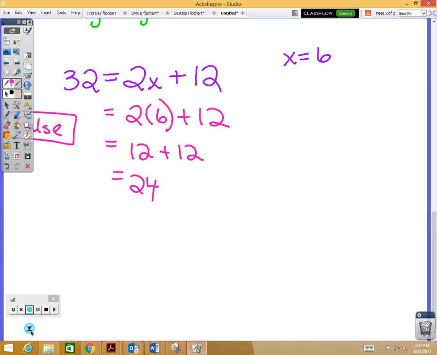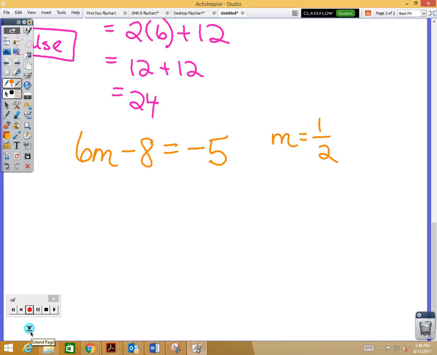What if we had the equation 6m minus 8 equals negative 5, and I said that m is 1/2.